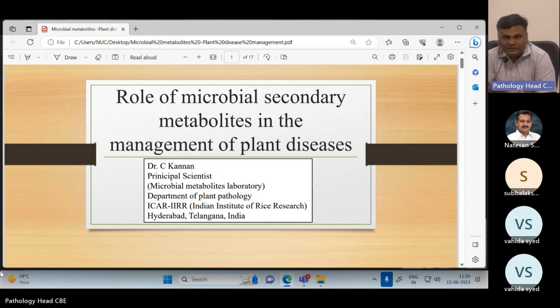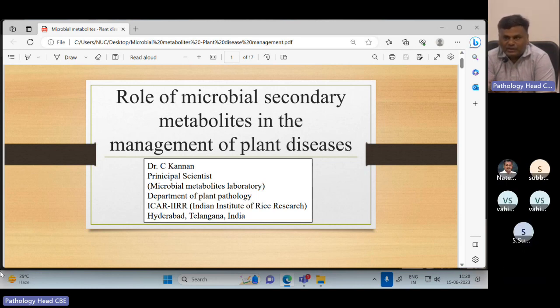We have different component institutes working with a mandate of particular crops, or sometimes bigger institutes like the horticultural institute in Bangalore, where multiple vegetable and horticulture crops are covered. So I come from the Indian Institute of Rice Research.